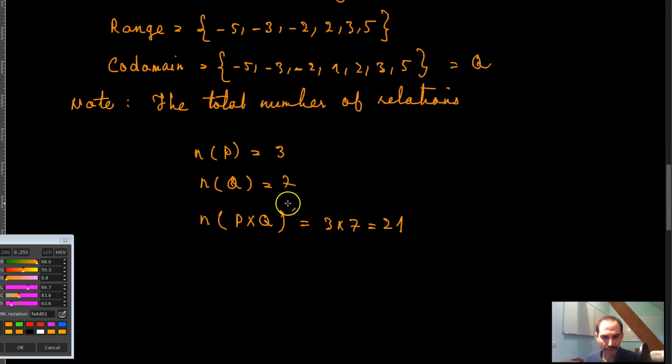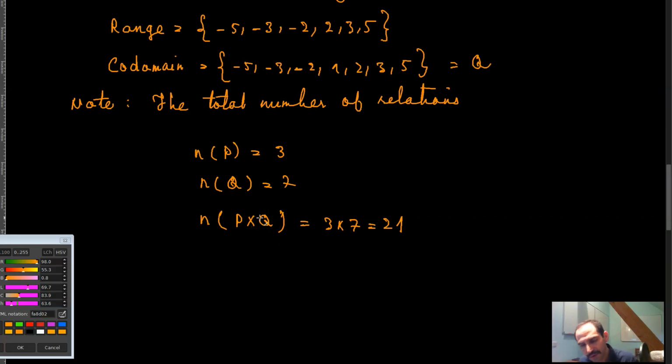Now the total possible number of subsets of this set is going to be equal to the total number of the elements of the superset of this set, right?